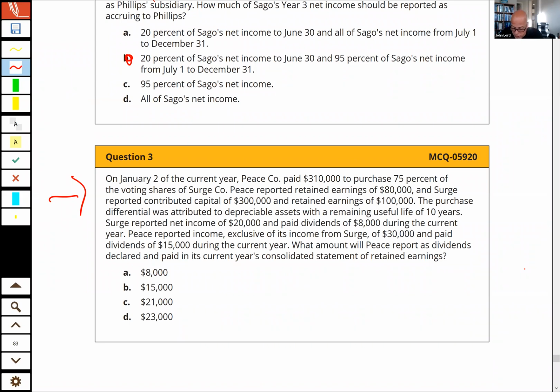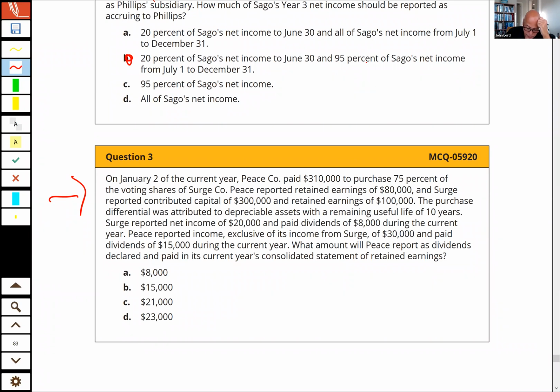Okay, guys, let's go ahead and look at this one. About half of us took a shot at it, but everyone who did got it right. So that's good. But the reason this one gets a little bit on the tricky side: they tell us that they paid this amount for 75%, et cetera.